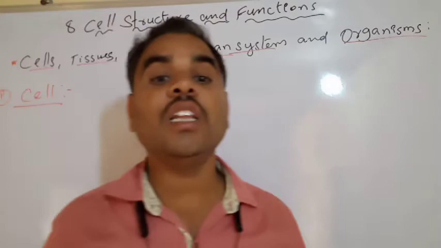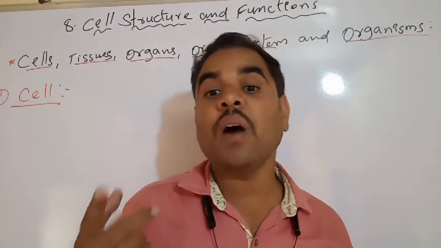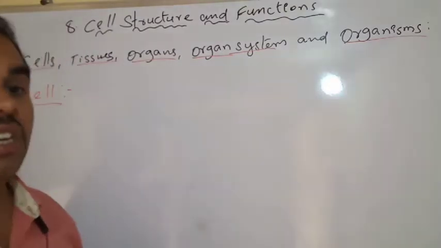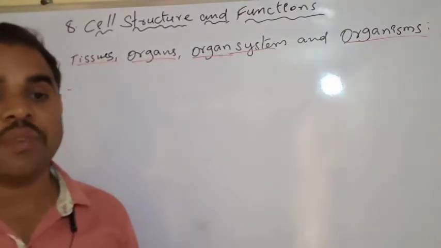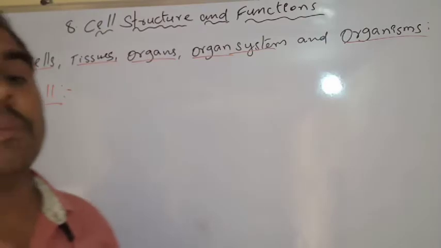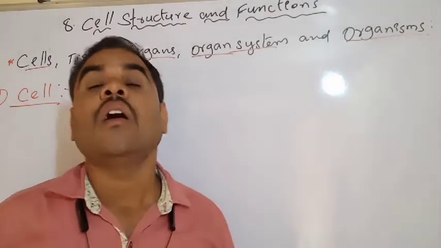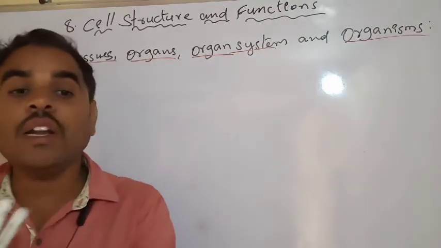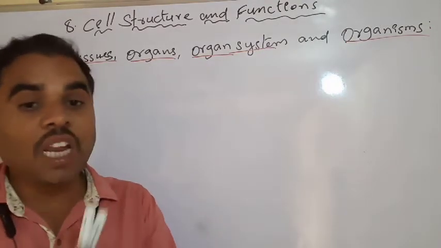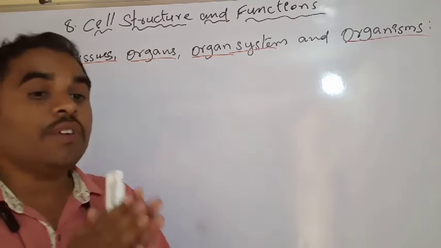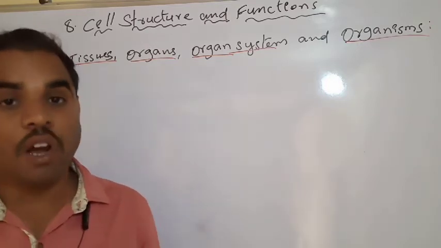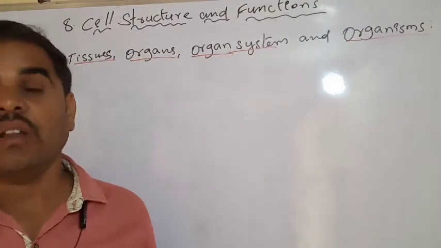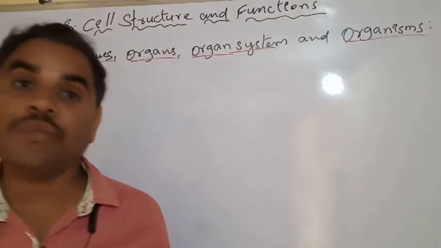A cell is the smallest unit of life, which has a definite structure and performs specific functions. All the cells of multicellular organisms are not similar. The fundamental unit of life is the smallest unit of life, which has a definite structure and performs specific functions.